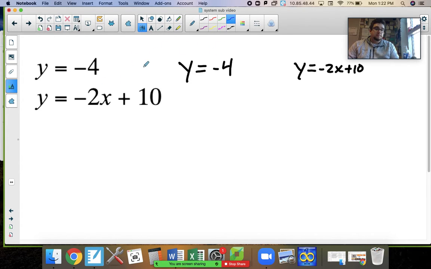For this one, we have two y equals. That doesn't matter. I'm going to choose this one because it's the simplest. Y is equal to -4. What that means is this y in this equation is also -4. I'm able to replace or substitute this y with this value.